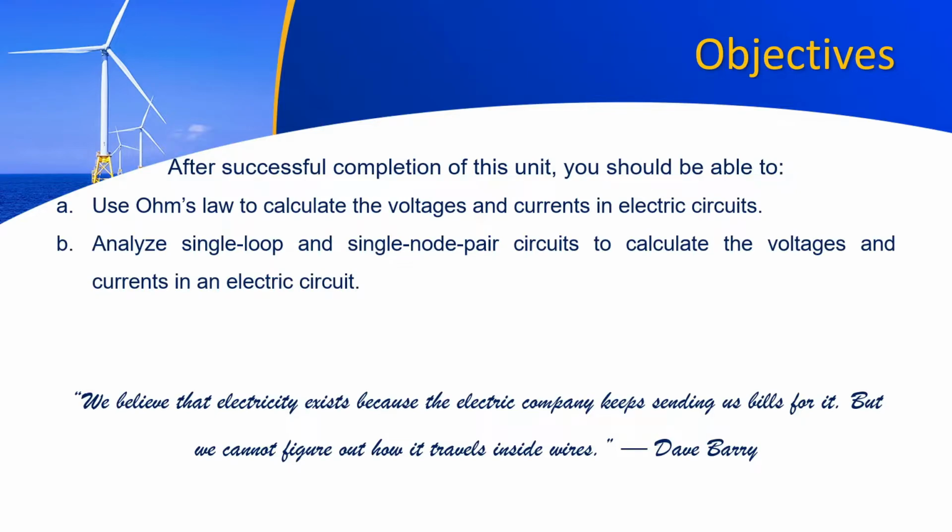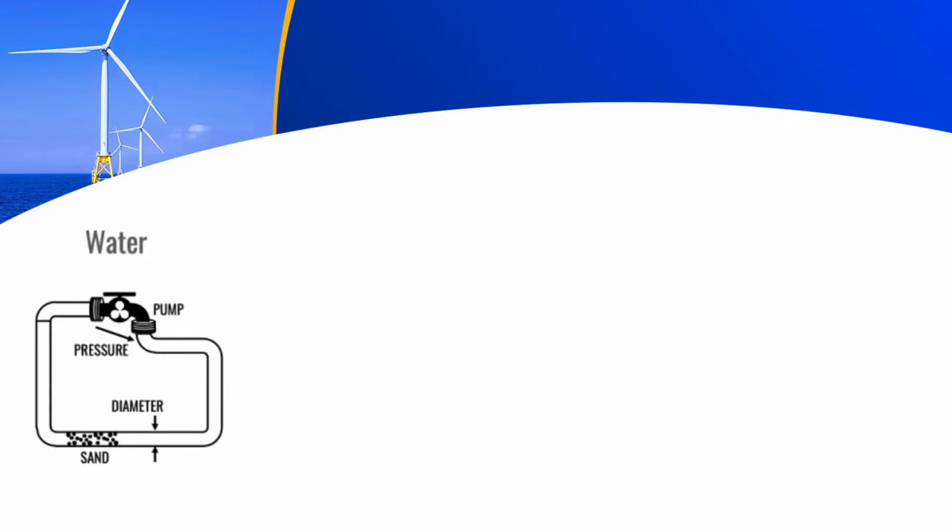Pero, meron tayong analogy to offer an easy way to gain a basic understanding of it. Okay? So, in this figure, we represent that this water flow will help us analyze or understand the concept of electricity.